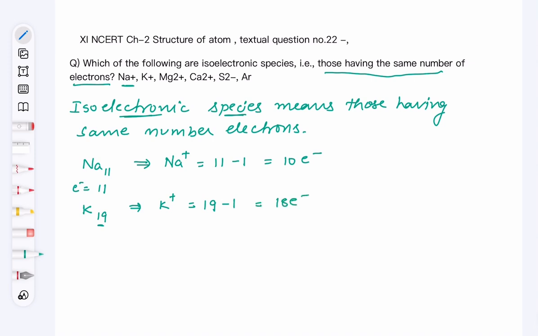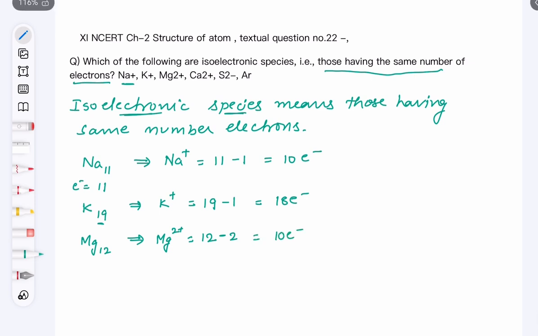Next you have magnesium 2 plus. Magnesium's atomic number is 12. Now you are given Mg2 plus, which means originally magnesium had 12 electrons. When it forms 2 plus, you need to subtract 2 from it. So you are left with 10 electrons here.